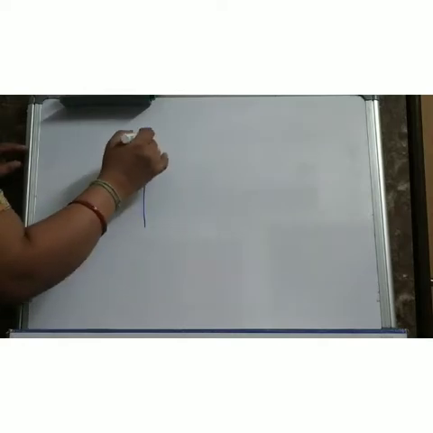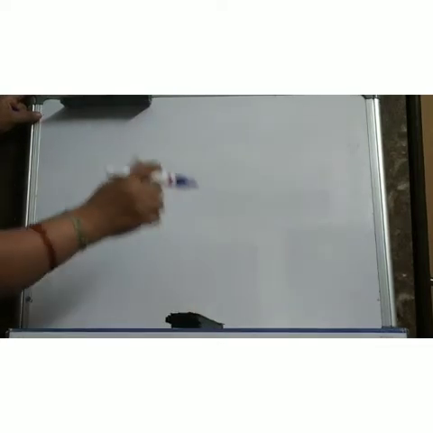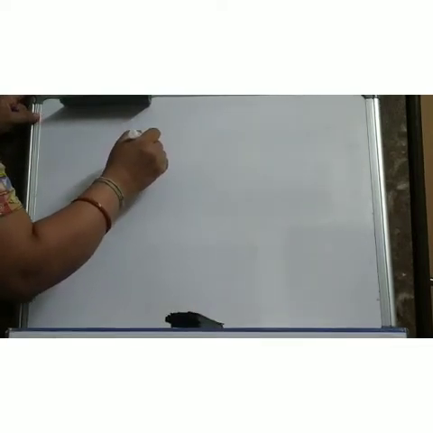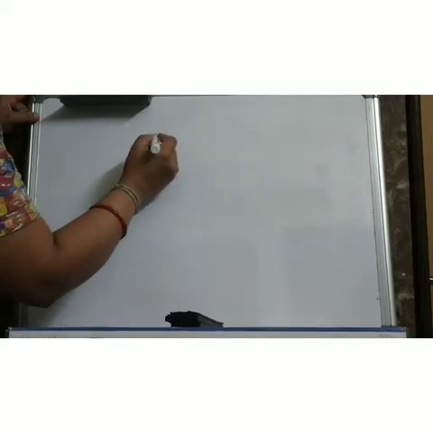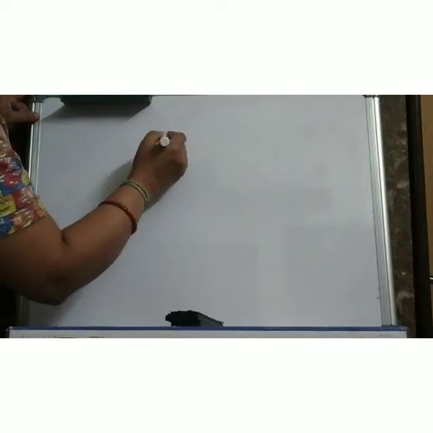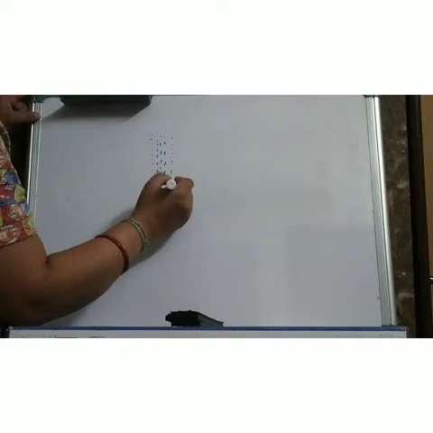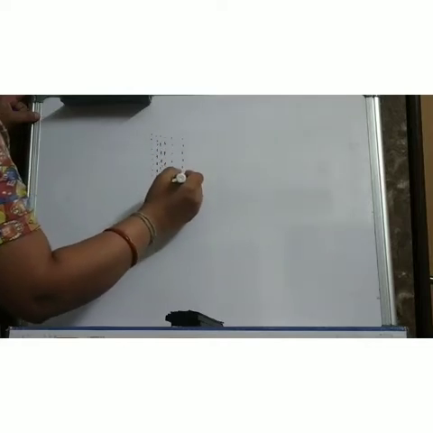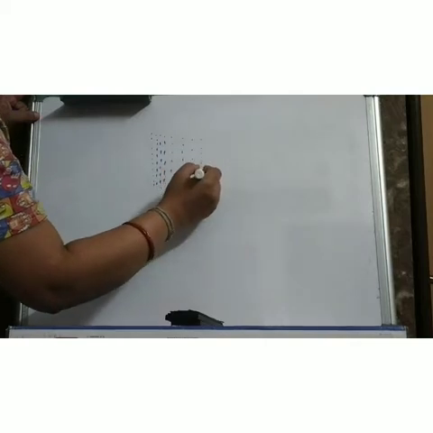That means we are getting sound wave in the fashion of compression and rarefaction. So this is compression and this is rarefaction, where density is less. That means less number of particles are there.